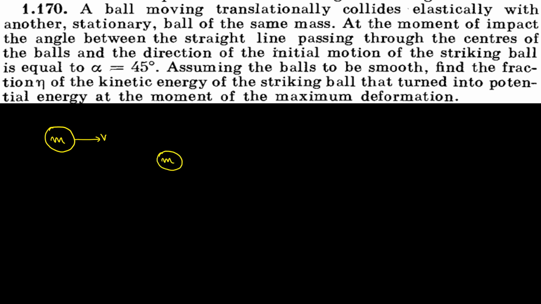The question is saying that after collision, when they meet together, if I join a line connecting the centers of the two balls, the angle between this line and the horizontal, the direction of initial velocity, is 45 degrees.